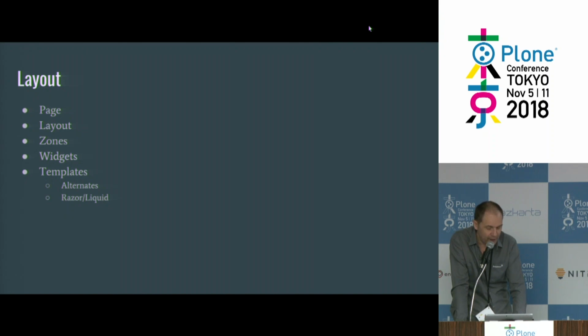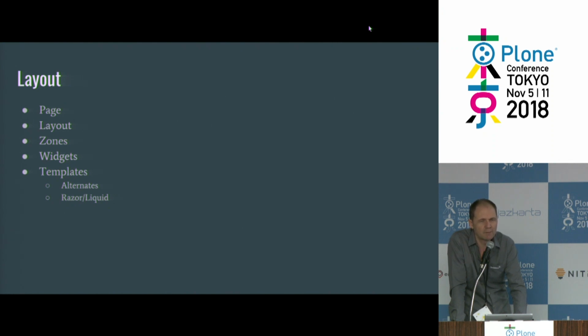And then everything that becomes part of the page is rendered by a template. So you've got templates for layouts, for content items, for parts, for fields, for widgets. So you can override that at as granular a level as you feel like. And you can do that writing Razor code or writing Liquid.